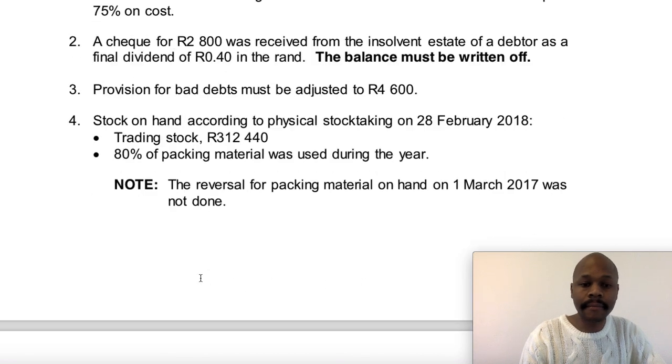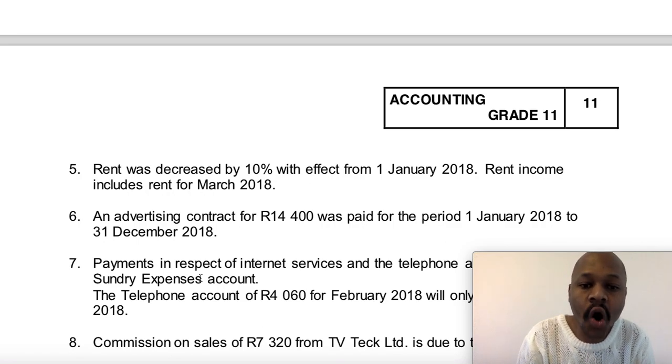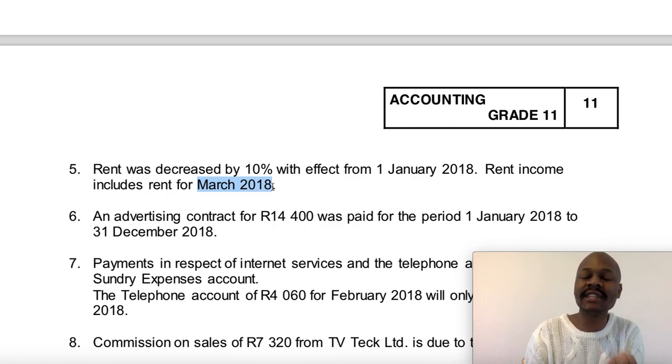Before we add, they say, number 5, rent was decreased by 10% with effect from 1 January 2018. Rent includes amount for March. So remember, the financial year ends when? 28 February. So it means here we have what you call deferred income or income received in advance.